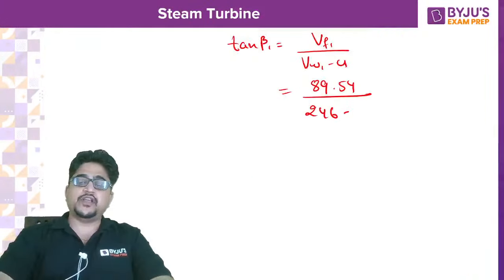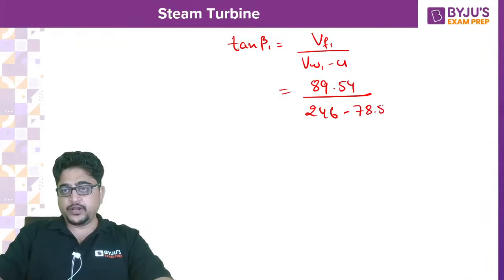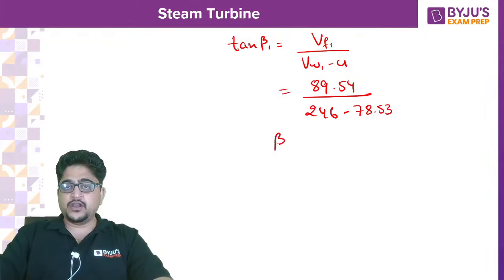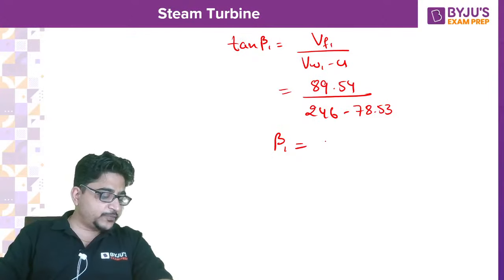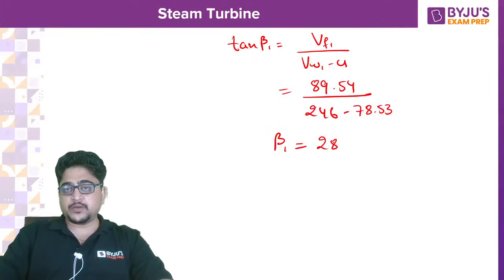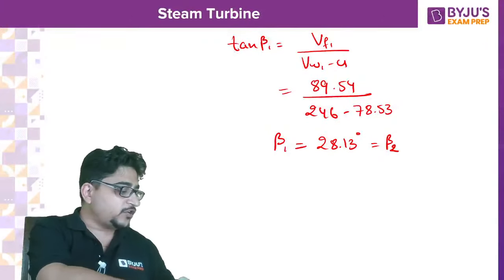What is u? 78.53. So what is the value of beta 1? Beta 1 is coming as 28.13 degree, which is equal to beta 2. So we got the value of beta 2.